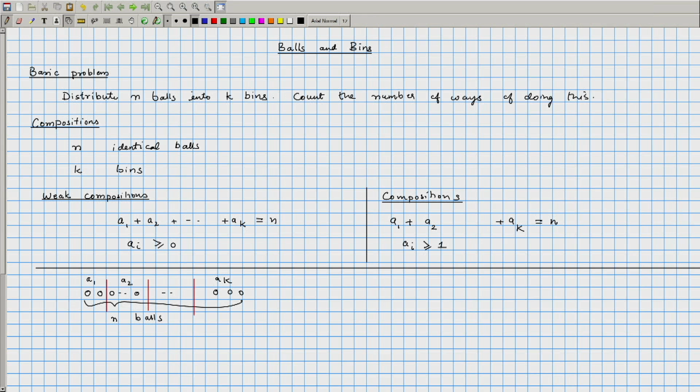And you can see that this is a 1-to-1 correspondence. If you draw these balls in this particular way, any distribution of n balls into k bins can be viewed in this particular format.